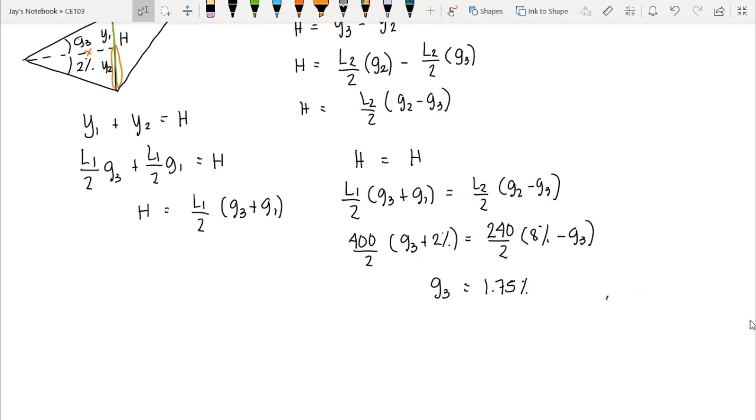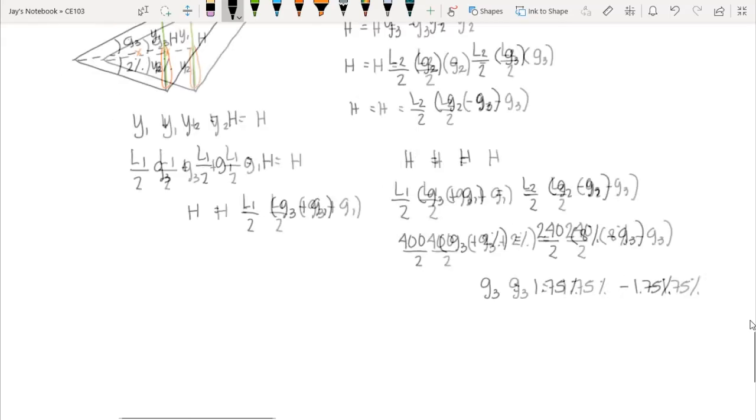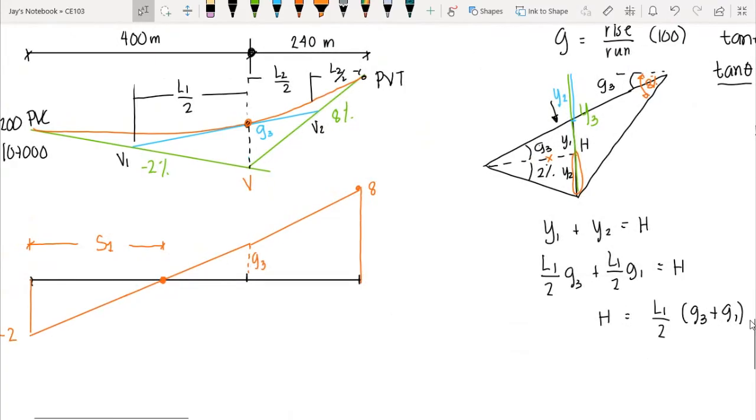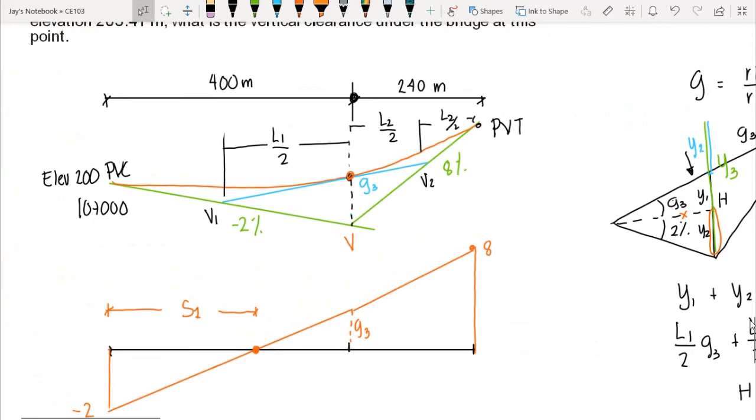1.75%. Now, what if we came up with a negative value of G3? Let's say it's negative 1.75, for example. That means our G3 is decreasing, so we have a negative slope for G3.